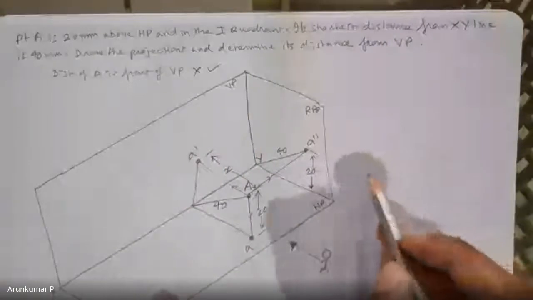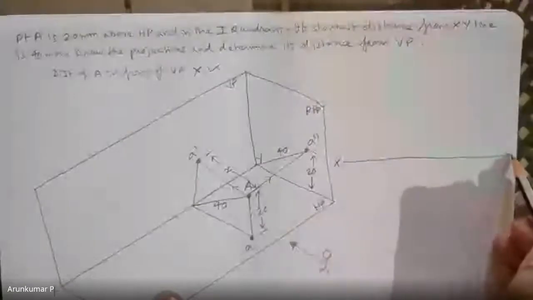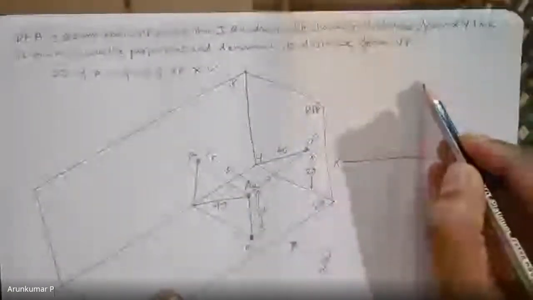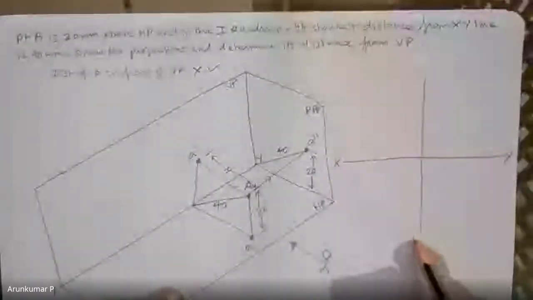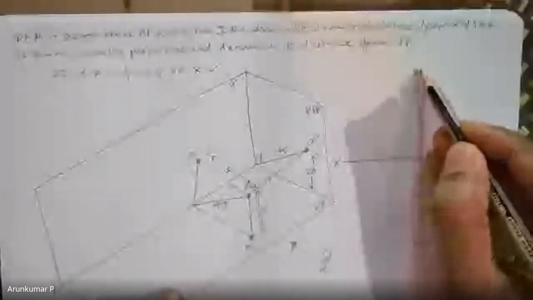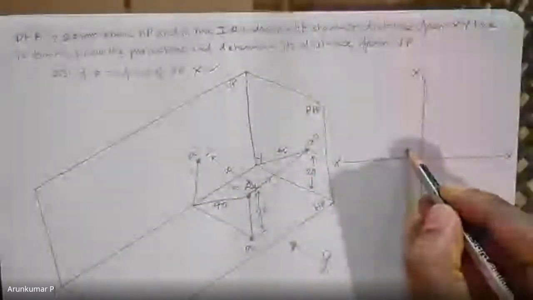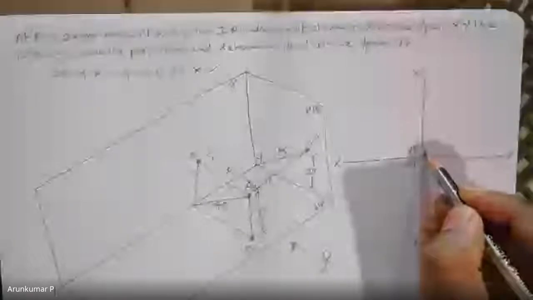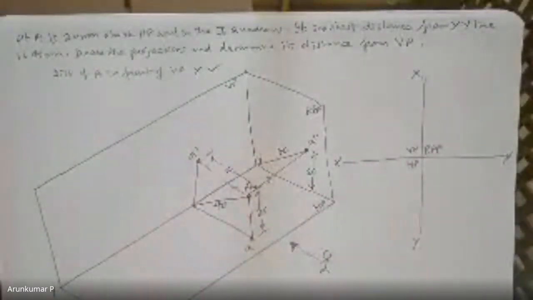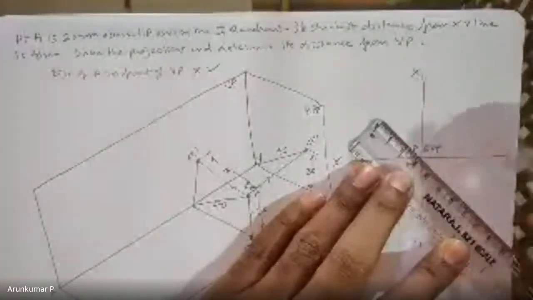See, let us draw the XY line. The X1, Y1 line. We know that we are in the first quadrant, so we are dealing with VP, HP. Besides VP, you will get RPP. And your median line is going to be besides HP somewhere here.